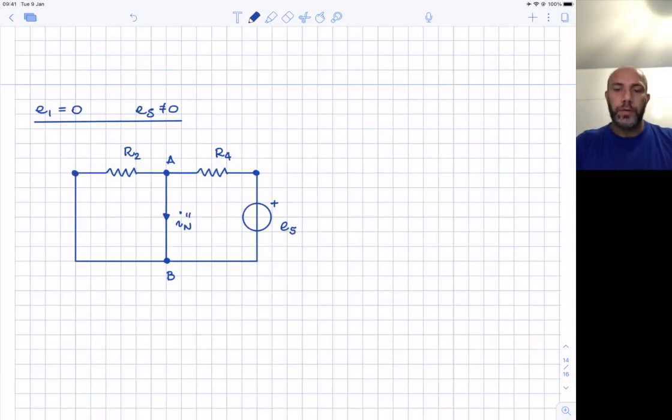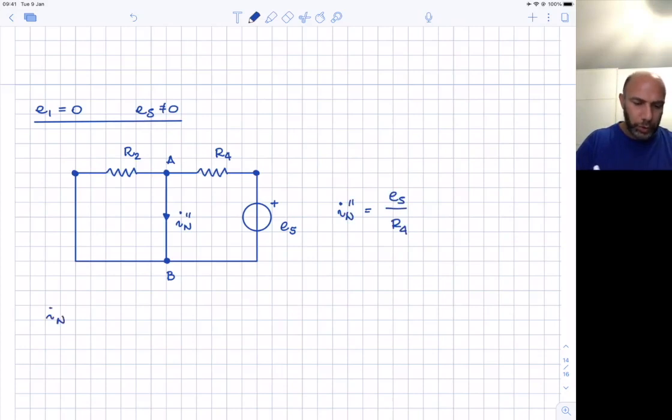If we switch off E1 and we keep on E5, we have a similar circuit to the previous one, where this time R2 is short-circuited, and so the second contribution to the current IN is E5 over R4. If we sum up the two contributions, IN equals IN prime plus IN double prime, or E1 over R2 plus E5 over R4.